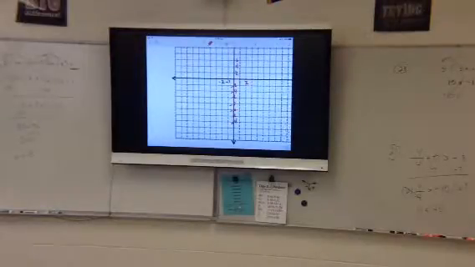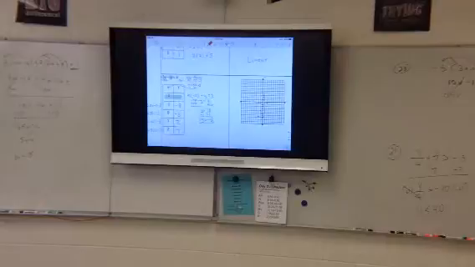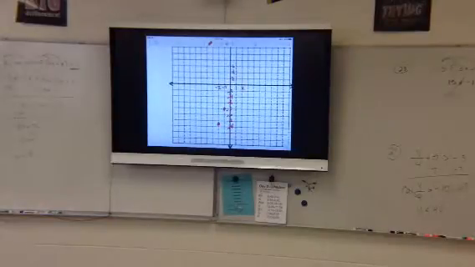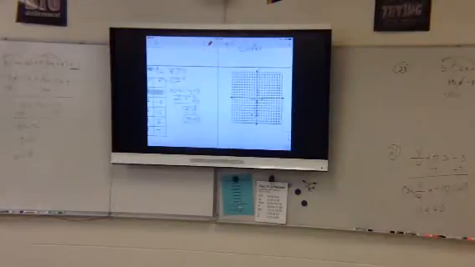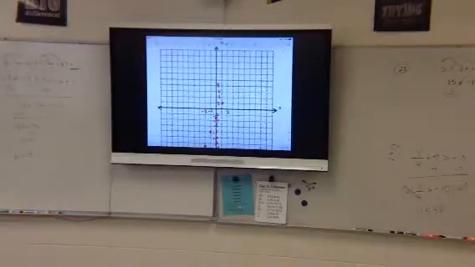So -2, 13 is going to be right here in the middle. -1, -8. 0, -3, so that guy's going to be kind of in the middle. 1, 2. And then 2, 7. So 2, 7 will be right there.